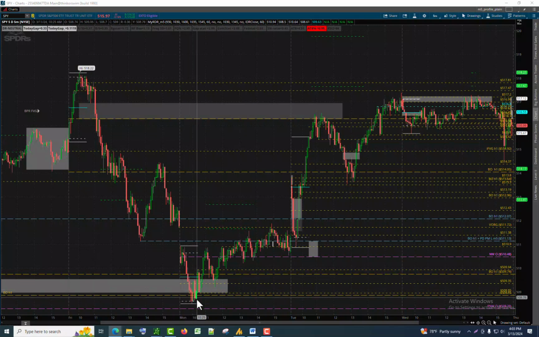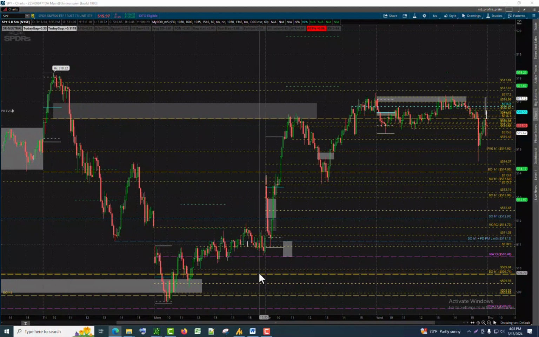It's perfect right there, around 10. You see that 10 minute liquidity sweep or Judas swing right there. Around 10, it starts to reverse.